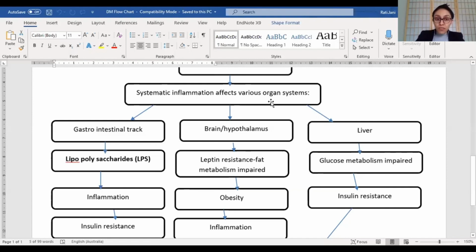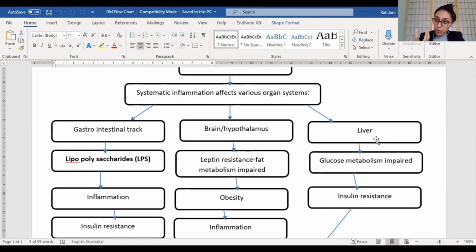Okay. Then when you have systemic inflammation in your liver, what does this do? Liver is your main site for glucose metabolism, like your TCA, glycolysis, gluconeogenesis, all of that. The main site for carbohydrate metabolism is your liver. All right.